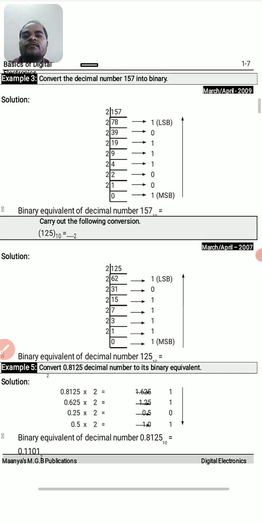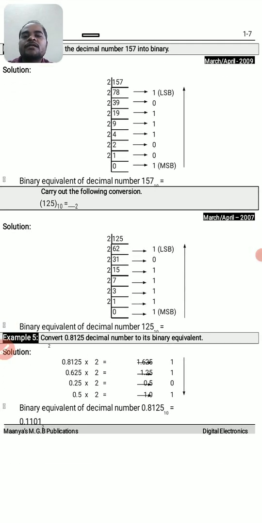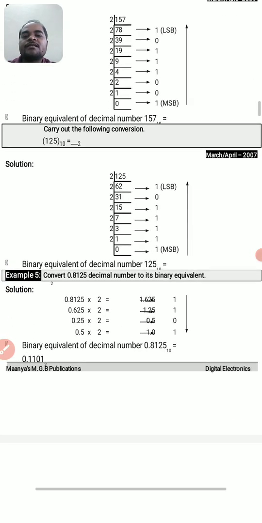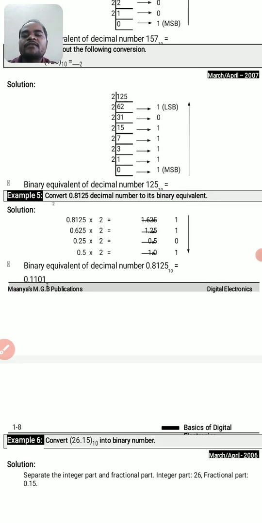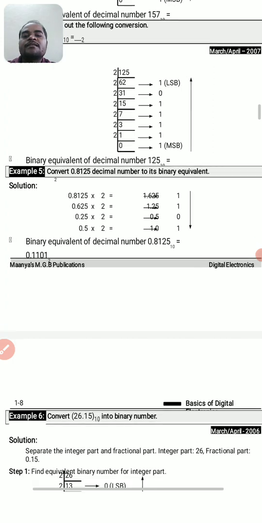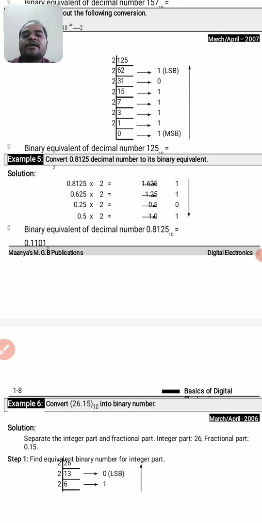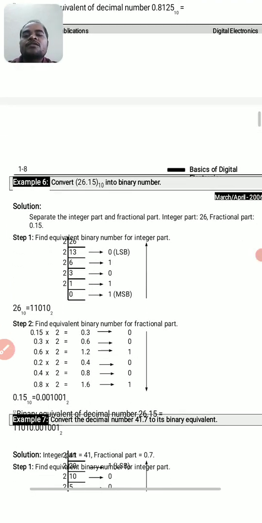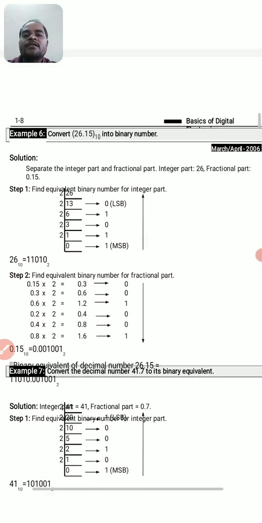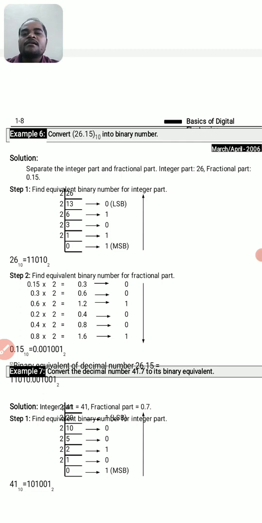So 157.8125 is given, and the result is also given here: 125 is the integer part that is divided, and 0.8125 is the fractional part. The result is 0.1101, written from top to downwards. Some numbers contain both an integer part and a fractional part, like 26.15 base 10.